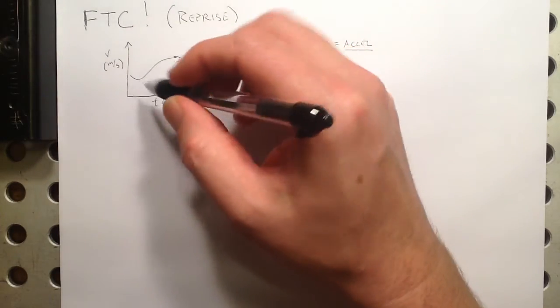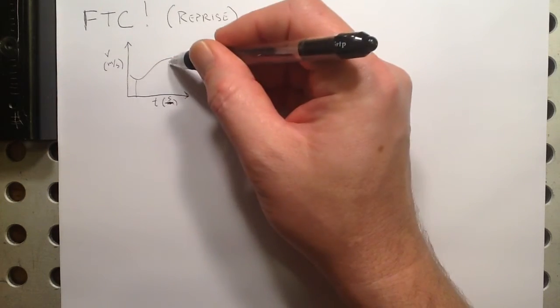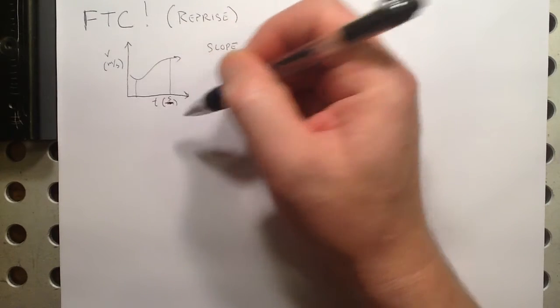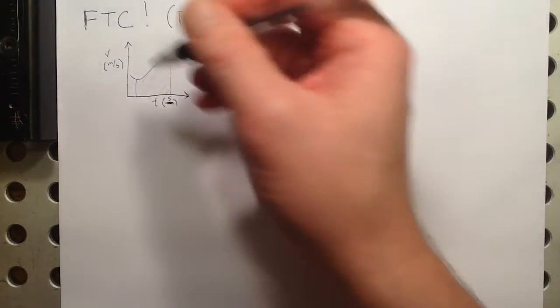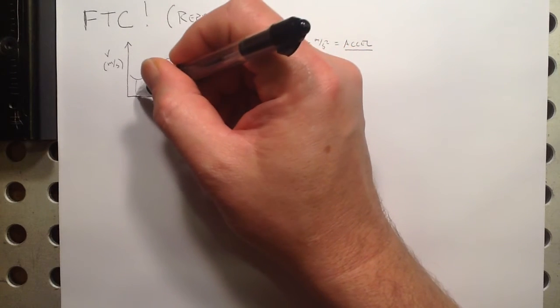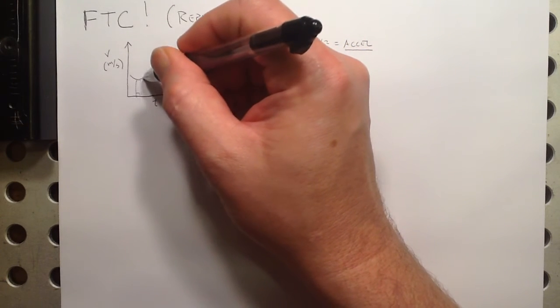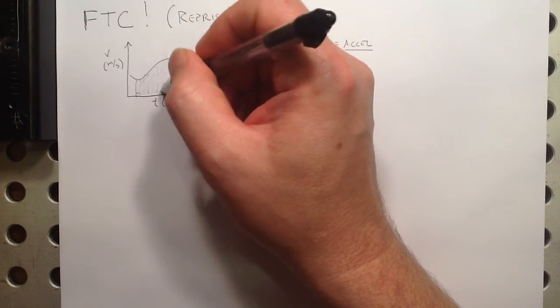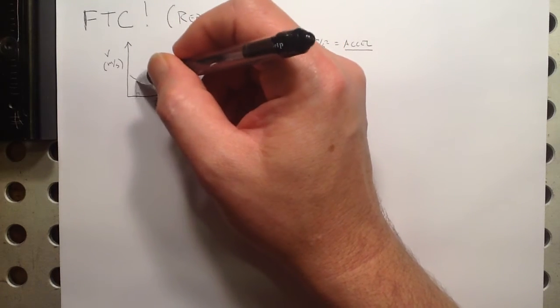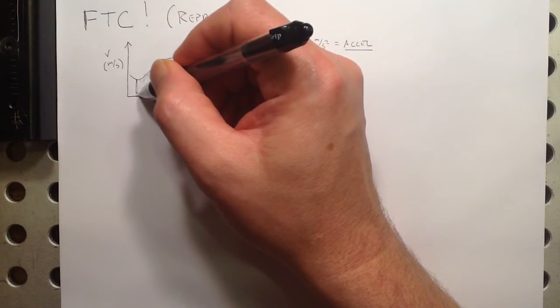Now, if we wanted to find the area under a velocity versus time graph, well, the area under this would be, if we think about it as like a Riemann sum, maybe something like that, the area of all these things, however we divide this up, it's this unit times this unit, right?